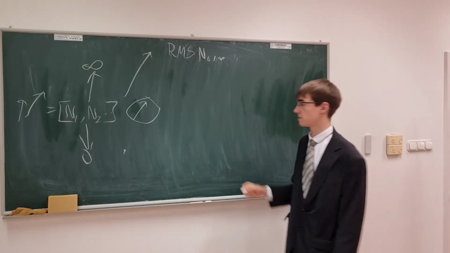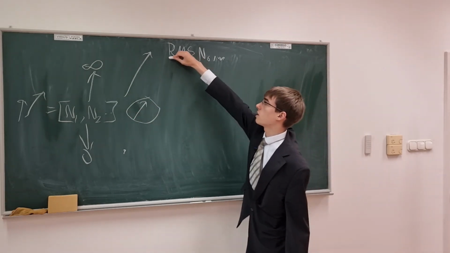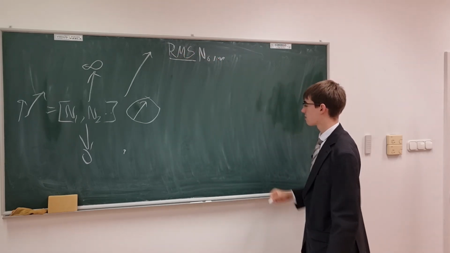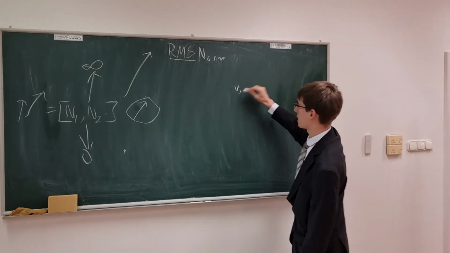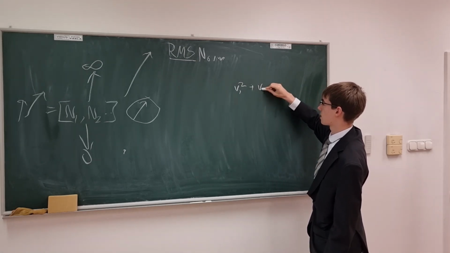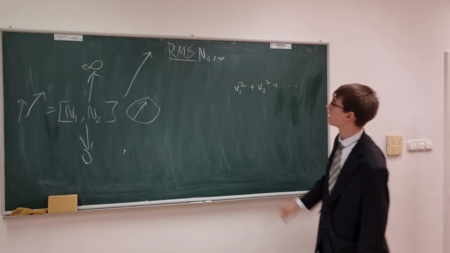Now, the way this happens is you have all of these numbers and you apply an operation called RMS to them. RMS looks like this. You have the first number of a vector, you square that, and then you add that to the second number of the vector, then you square that, and you go on.